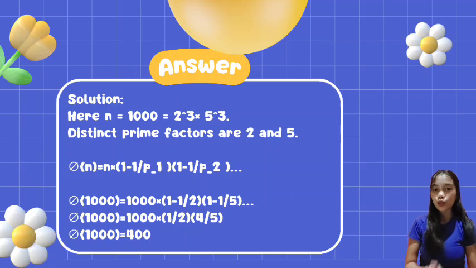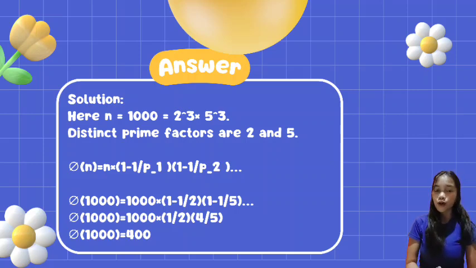Since 1 minus 1/2 is equal to 1/2, and 1 minus 1/5 is equal to 4/5, that would become 1000 times 1/2 times 4/5, and the result is very good, 400.